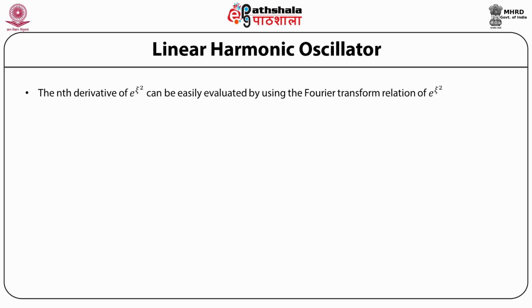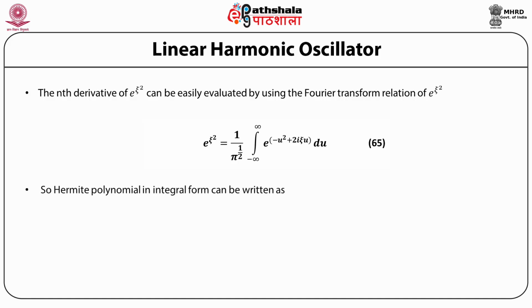The nth derivative of e raised to power minus xi squared can be easily evaluated by using the Fourier transform relation of e raised to power minus xi squared. That is, e raised to power minus xi squared is equal to 1 upon pi raised to power half integral from minus infinity to infinity of e raised to power minus u squared plus 2 iota xi u integrated over u.